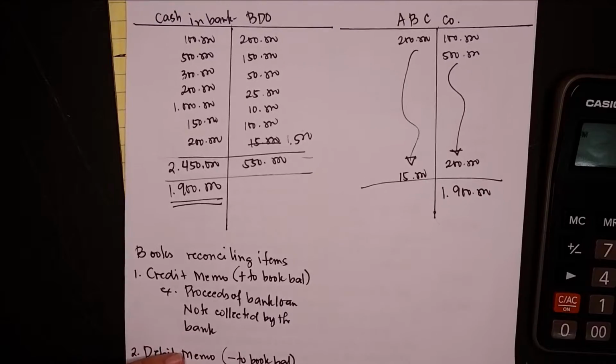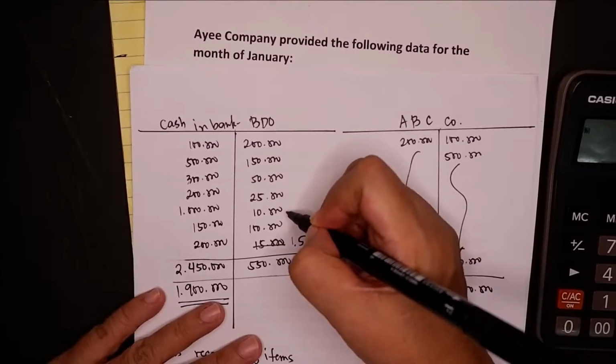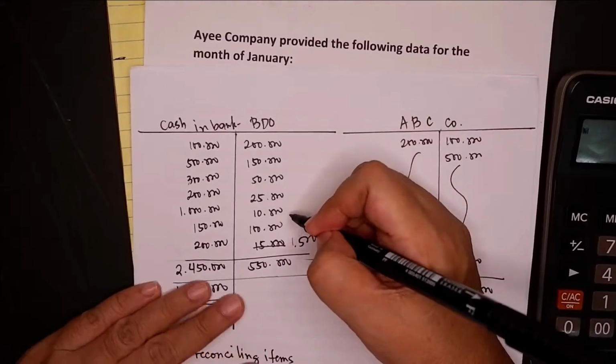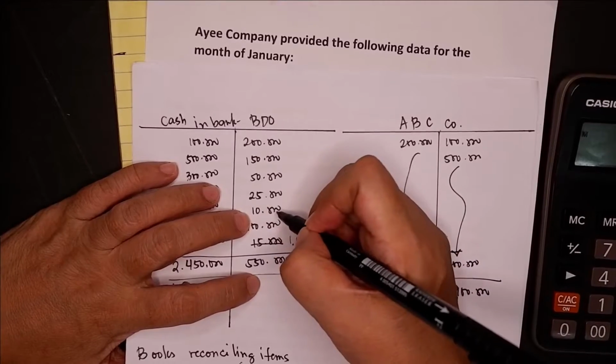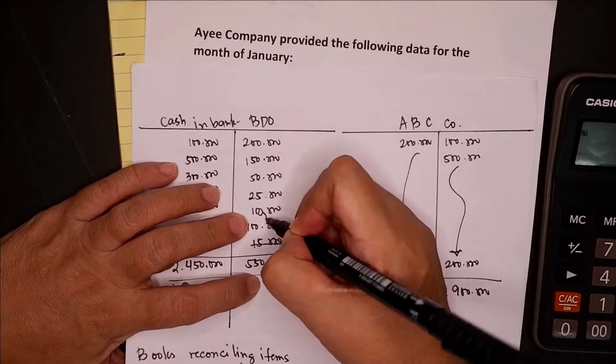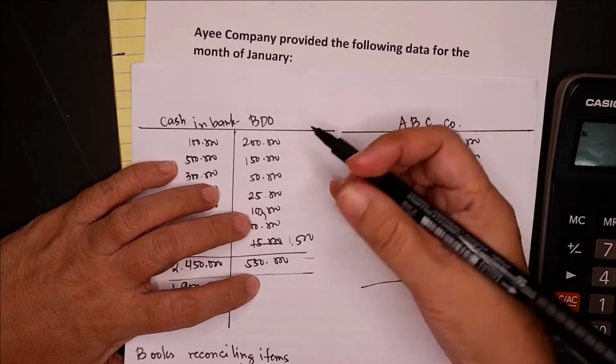Okay? What if, say, this one is minus 10,000, but instead of writing 10,000, we write 100,000. So how are we going to reconcile?